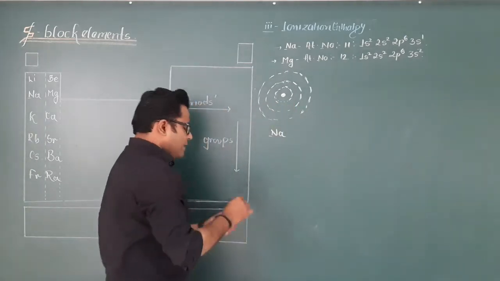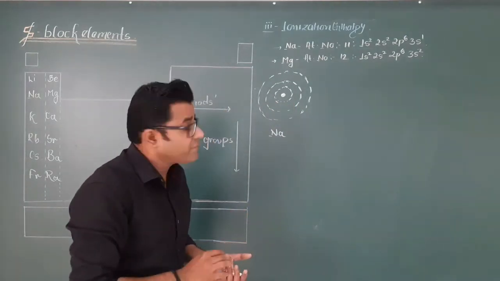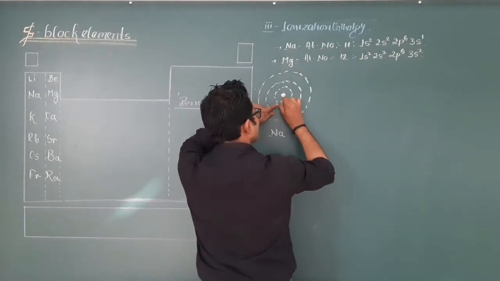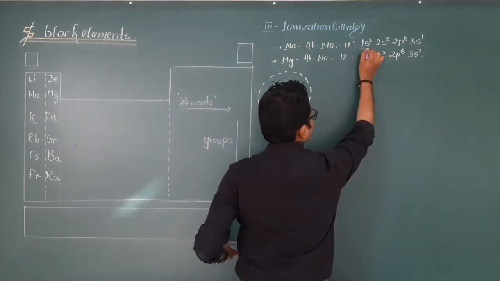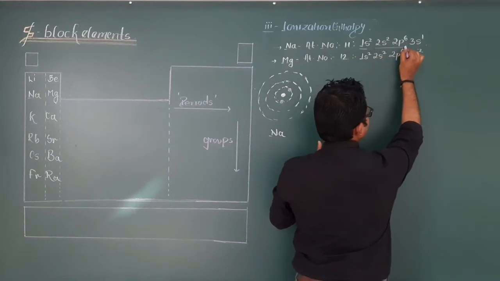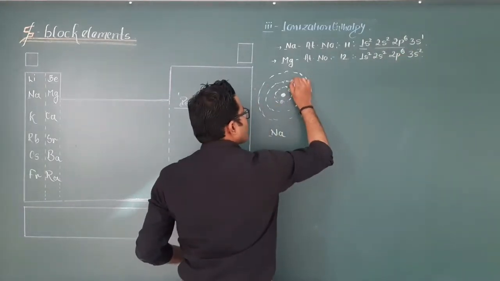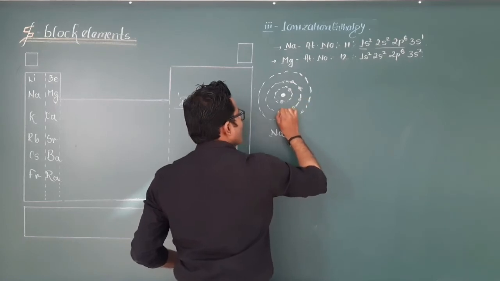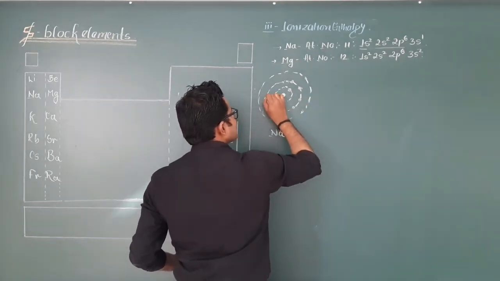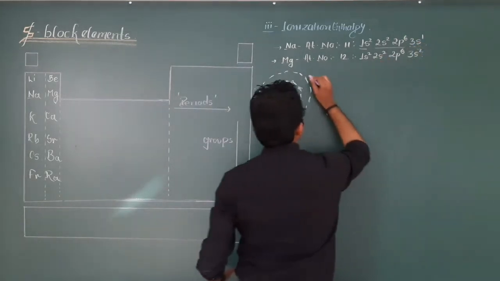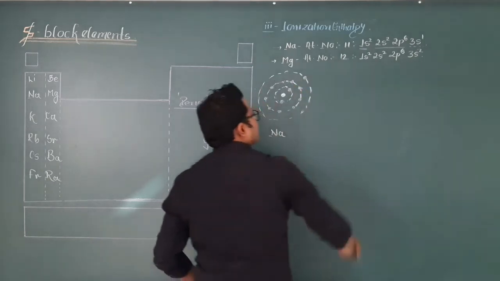The number of electrons in shell number 1 is 2 electrons. In shell number 2, we have a total of 8 electrons: 1, 2, 3, 4, 5, 6, 7, and 8. The final one is 3s1.